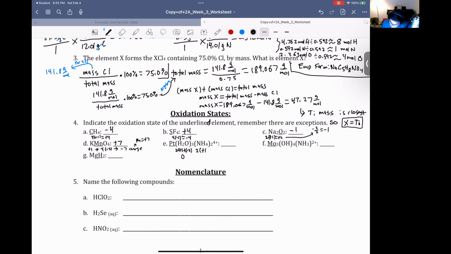So this is 2 times +1 because we have 2 of them. These contribute a +2 charge. Now, if we're looking at this, you have a +2 charge, but the net charge is a +4. So the platinum has to get us to 4+. To get us to 4+, the platinum has to be a 2+.